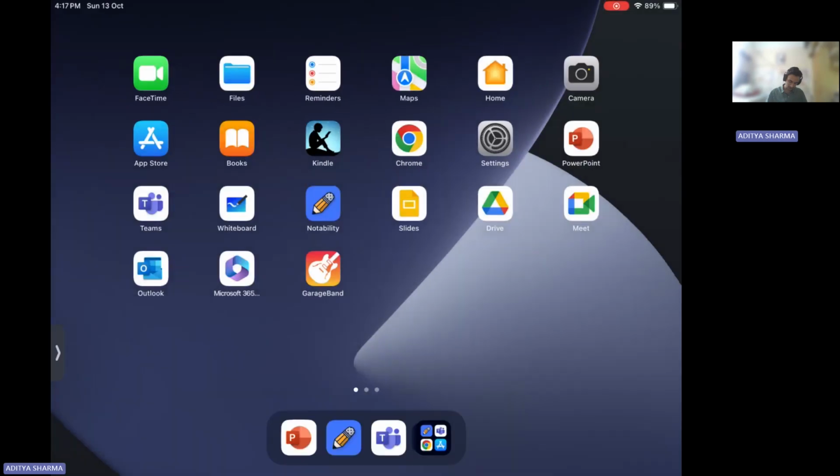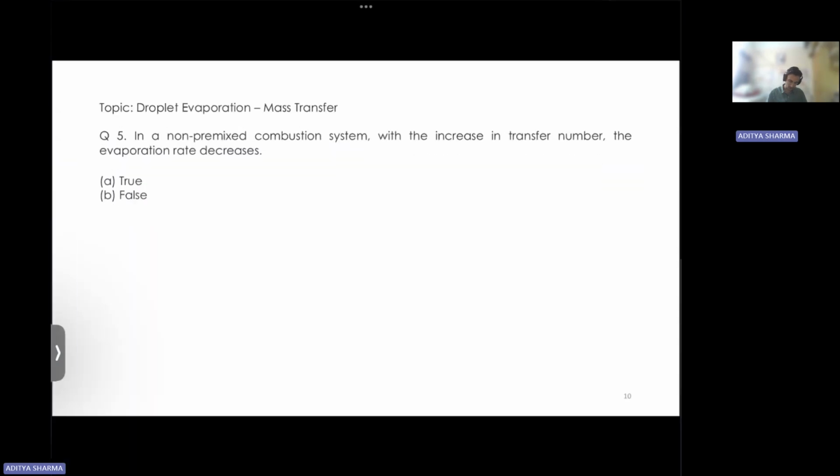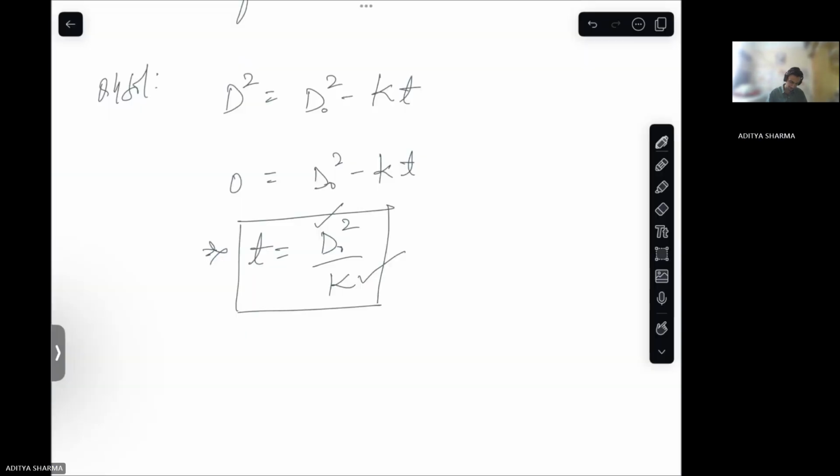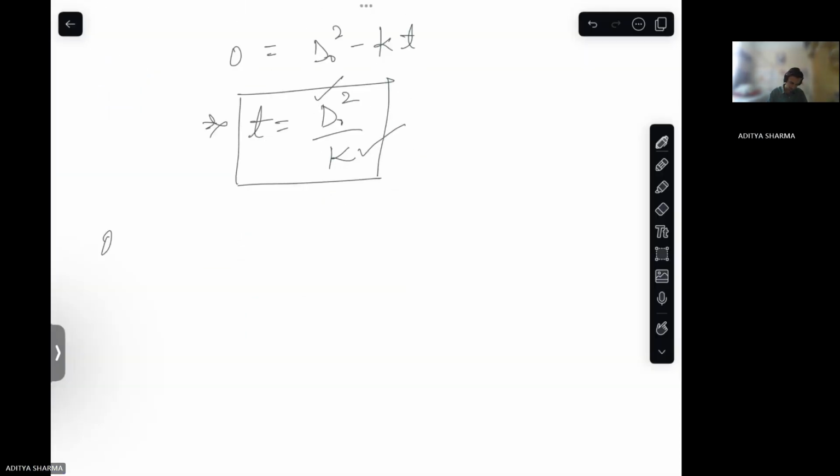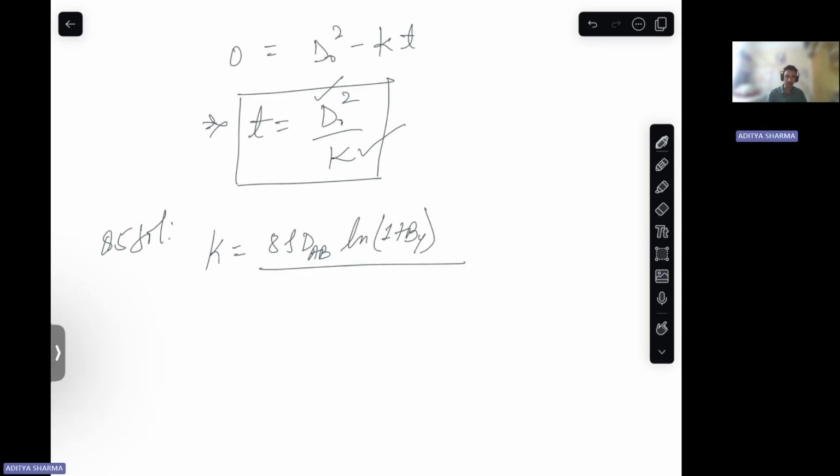And the expression is this way. So, this was question number 5. K equals 8 rho DAB over rho L, where rho is density, DAB is your binary diffusion coefficient, and your B subscript Y is nothing but transfer number.